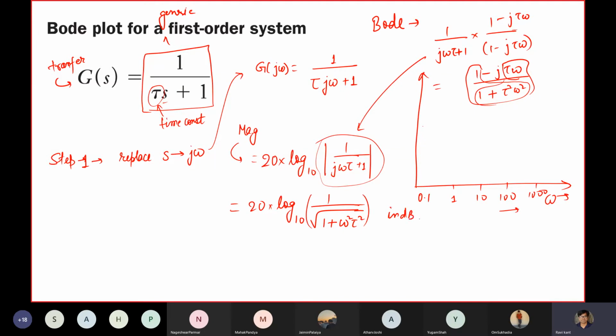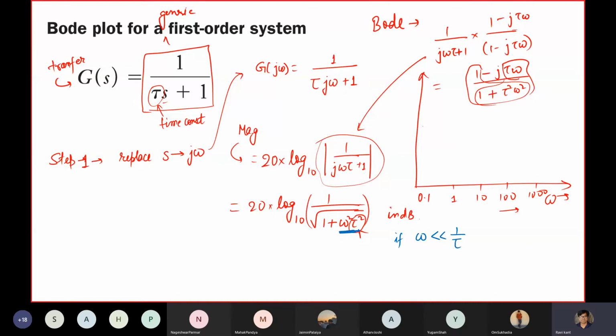Can you plot it here? Yes, we can plot, but we should have some value of this tau. In the most generic case, tau could be 1, but let's not talk in that sense; let's talk in a more generic sense. Let's consider omega tau. Suppose my omega is much less than 1 upon tau.